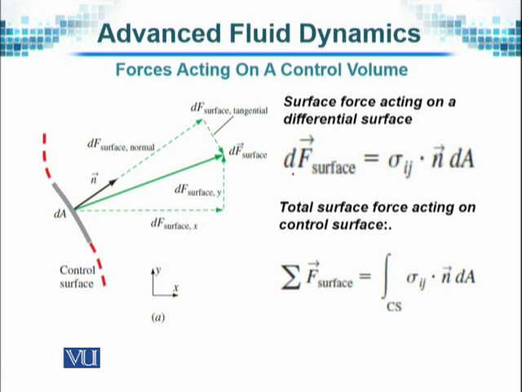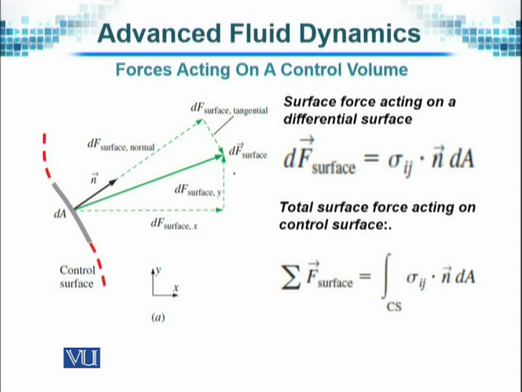Sigma_ij is the crucial thing here that needs to be noted. It is derived from the viscous forces that generate shear forces, and therefore plays a very important role in the equations of fluid flow motion. If we see a small control surface, then normal to the surface we have surface forces as well.